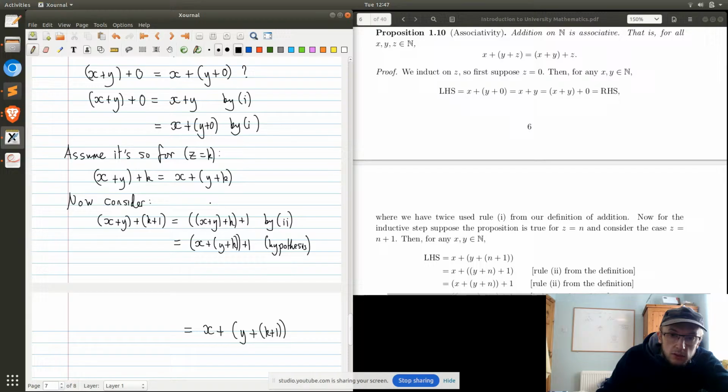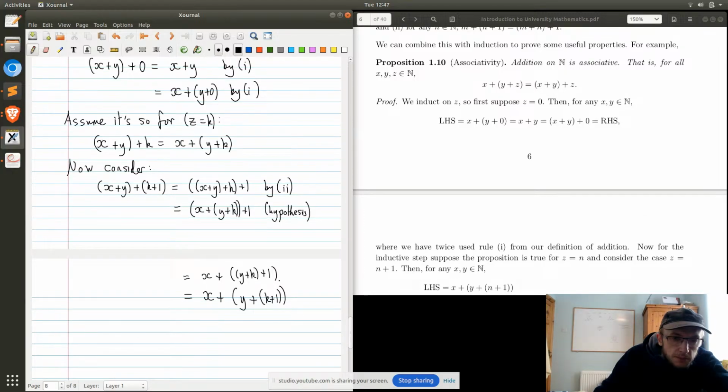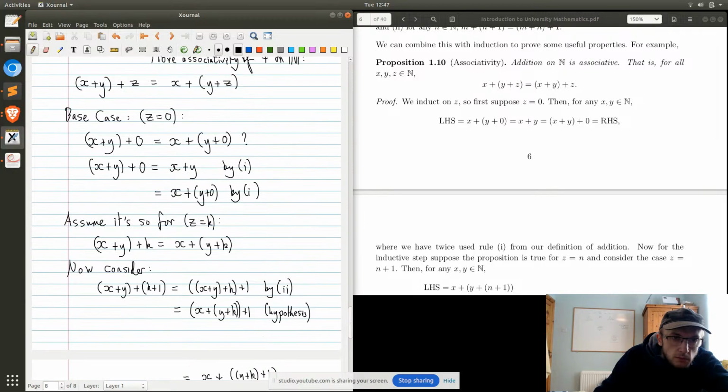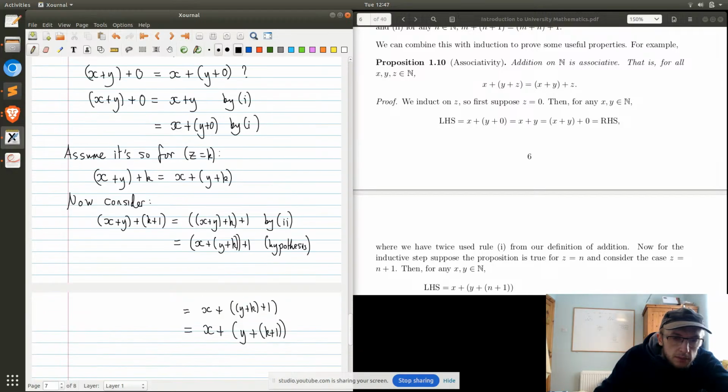Right. So he starts there. What enables him to move the brackets in this way, to go from there to there? Let's think what enables him to go from there to there. Part 2 of the definition of addition.